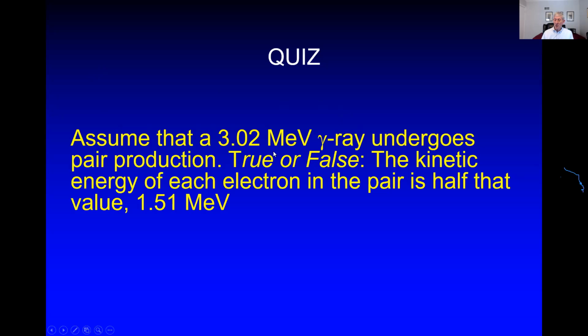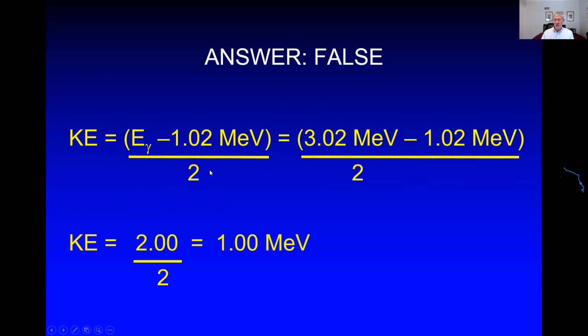Okay, so let's take a look at the mathematics. The answer is in fact false, because what did we say? It takes 1.02 to form the pair. So we have to take the 3.02, subtract from it the 1.02 required to form the pair. That leaves 2 MeV left over. We divide that by 2, and the energy of the electrons will be 1 million electron volts, not 1.51.